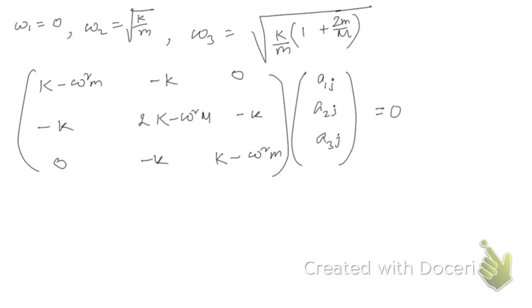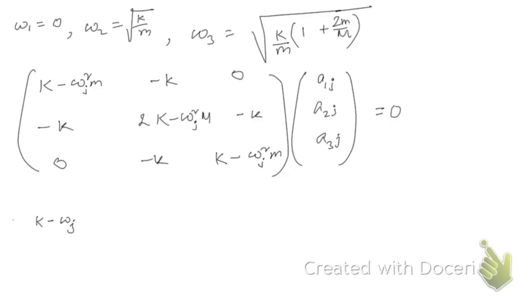Now if we solve this, multiplying this one with this one, you're going to have the equation k minus omega. Now instead of writing omega, I'm going to write omega j here, and here also omega j, because it may be omega 1, omega 2, omega 3, right?